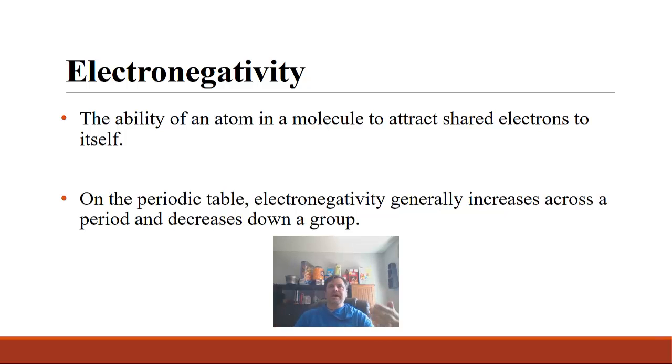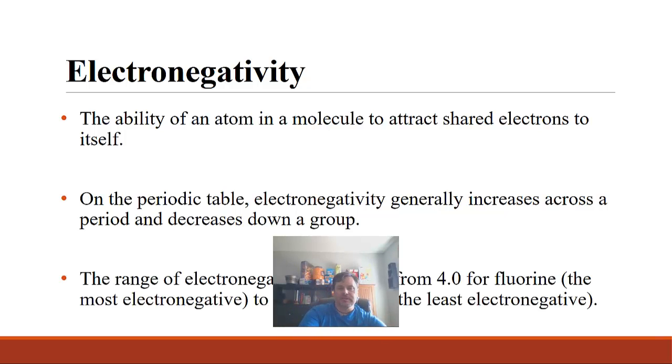As we go down a group, okay, we are adding more and more shells so that the electrons are getting farther away from the protons. And this decreases that electronegativity, okay? And it goes anywhere from about 0.7 at the low end with cesium in the lower left-hand side to 4.0 for fluorine in the upper right-hand side.